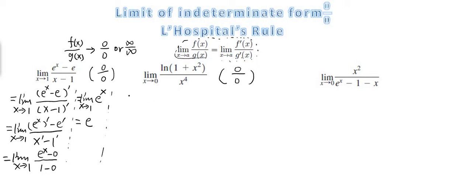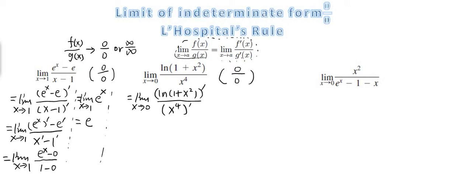As x approaches 0, we take the derivative of ln(1 plus x squared) over the derivative of x to the power 4.